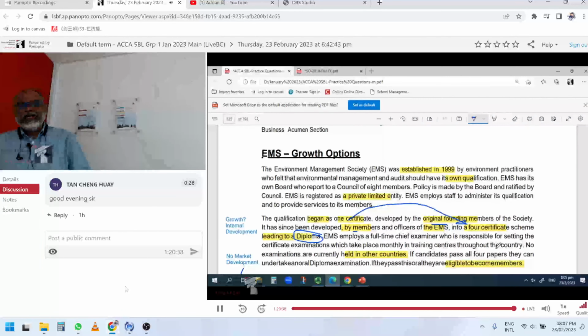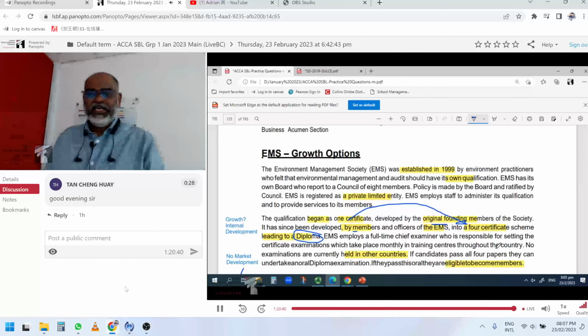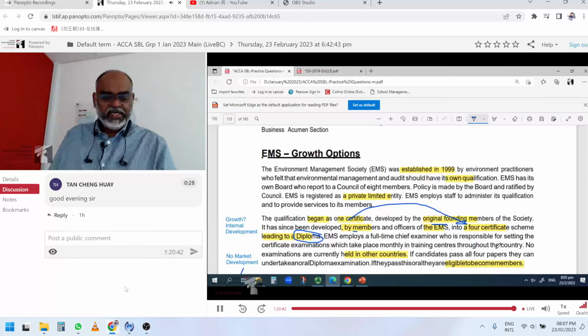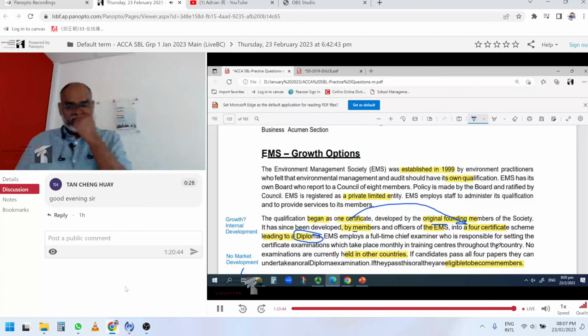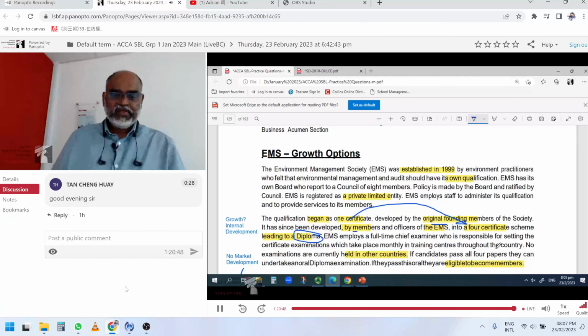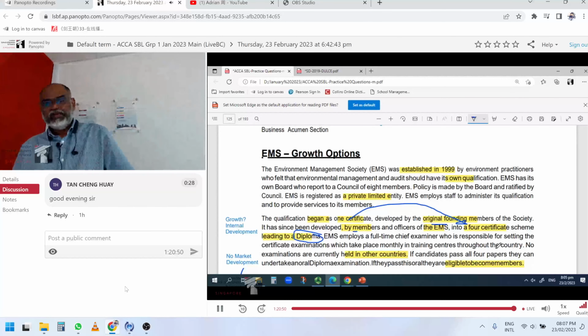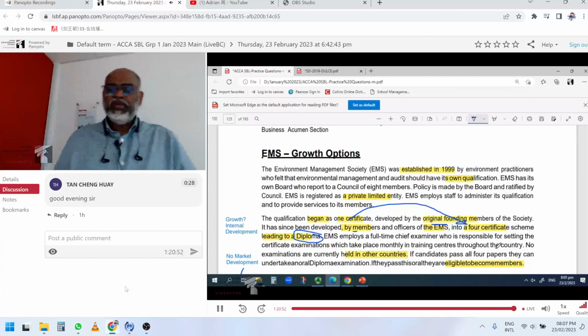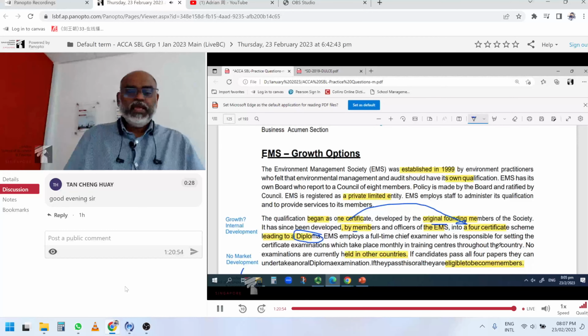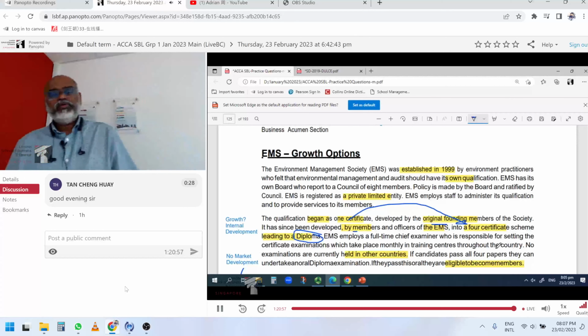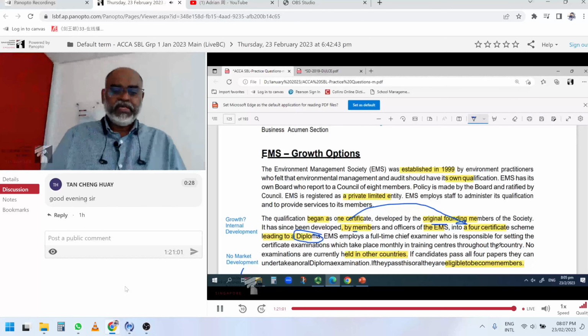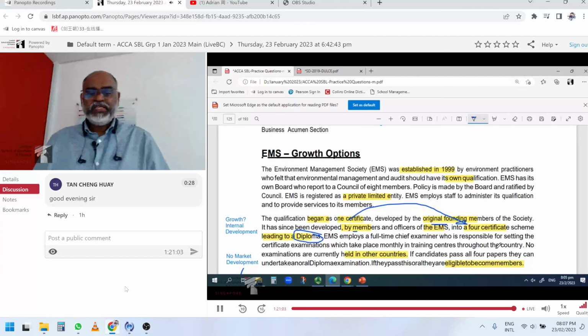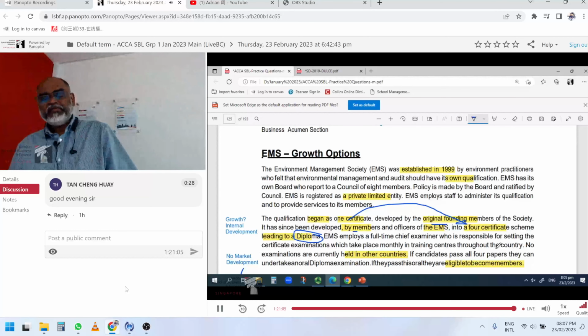So the case: the Environmental Management Society, EMS, was established in 1999 by environment practitioners who felt that environmental management and audit should have its own qualification. EMS has its own board who report to a council of 8 members. Policy is made by the board and ratified by the council. EMS is registered as a private limited entity.